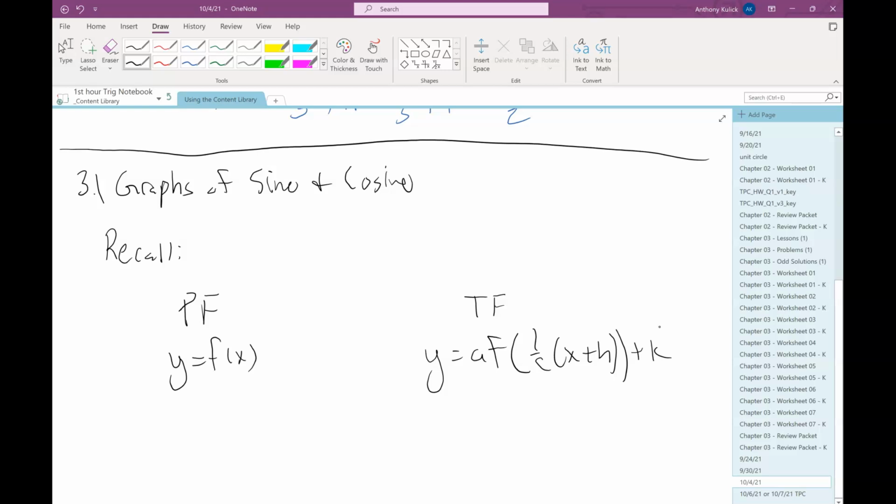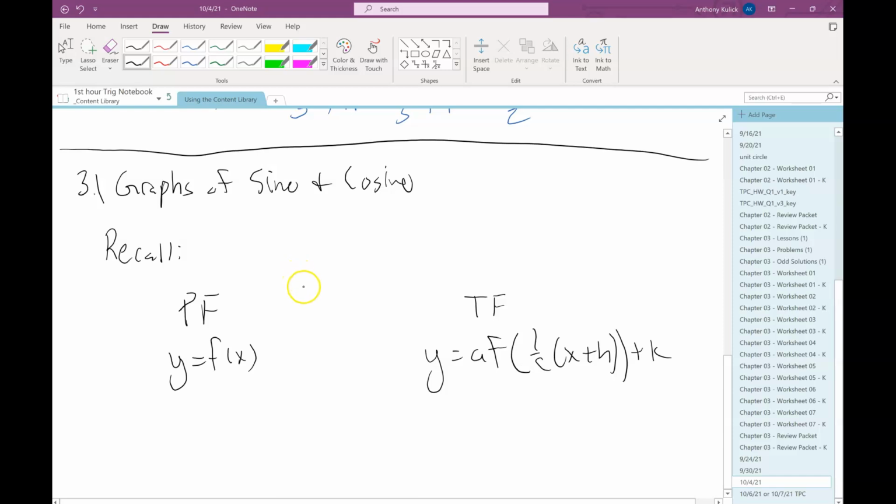That was something we did. Or I can say, okay, this is the equation of my transformed function. Like, what happened? So I can decode from it like, okay, it was reflected and stretched and shifted up or down or whatever. Everybody's okay with that?